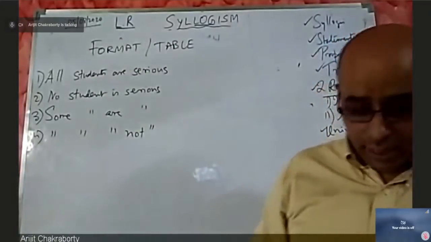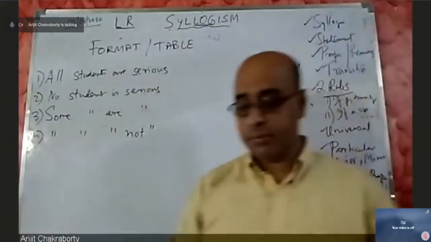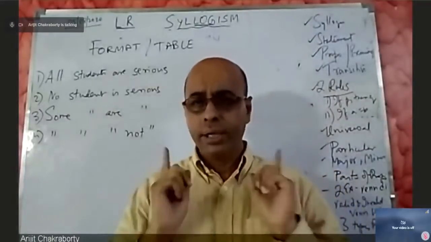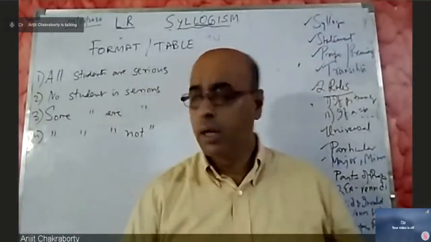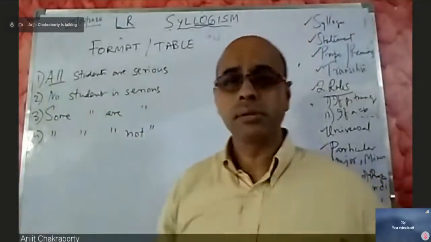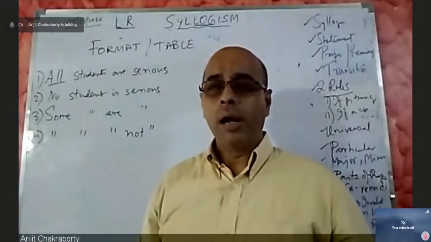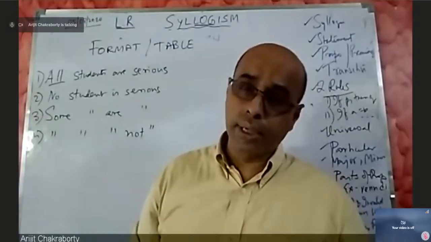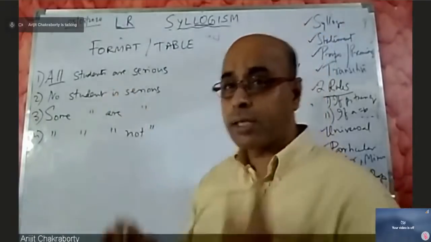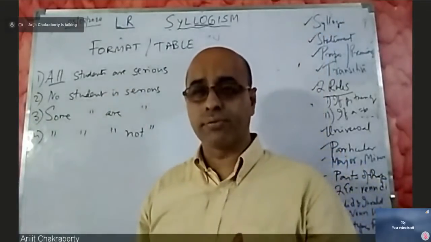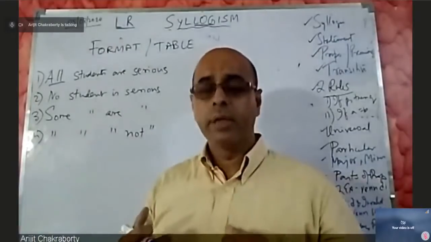Now we shall analyze. All students are serious. Type is what? Universal, because the word is all. Please see the copula. Copula is are. Are means what? Positive, like I am, you are.